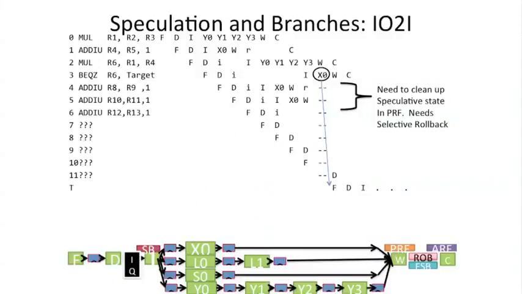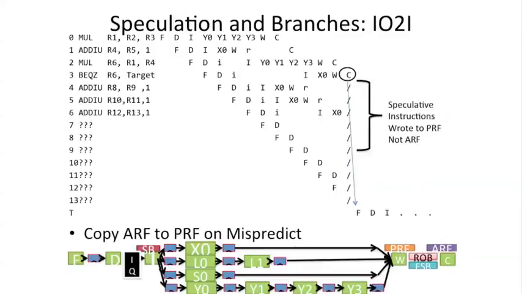So one of the interesting questions that comes up is, where do we resolve the branch? And when do we try to kill subsequent instructions? Do we try to do that right when the branch gets resolved? Or do we wait till the branch commits?